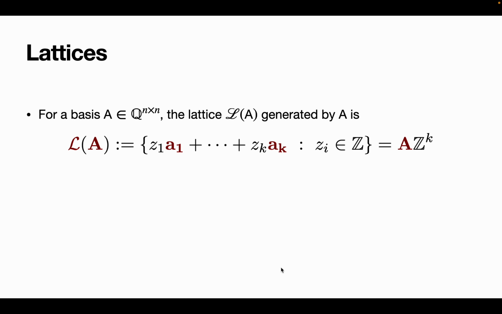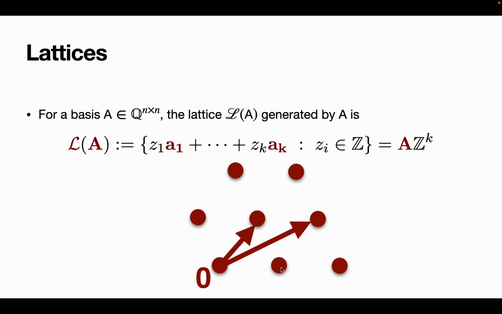Now let's talk about lattices. I'm going to show that finding more collisions leads to solving lattice problems better, but to do that, we first need to define lattices. A lattice, specified by a basis, which is an n by n matrix, is all integer linear combinations of the basis vectors of that matrix.